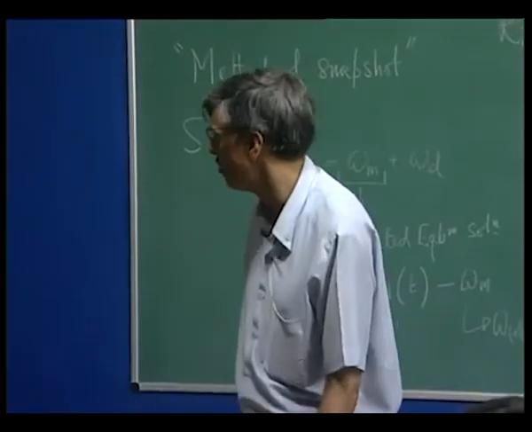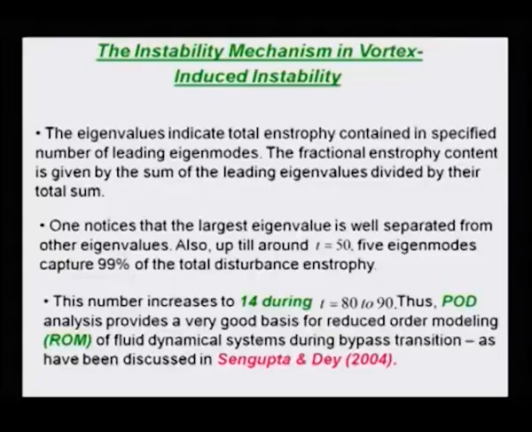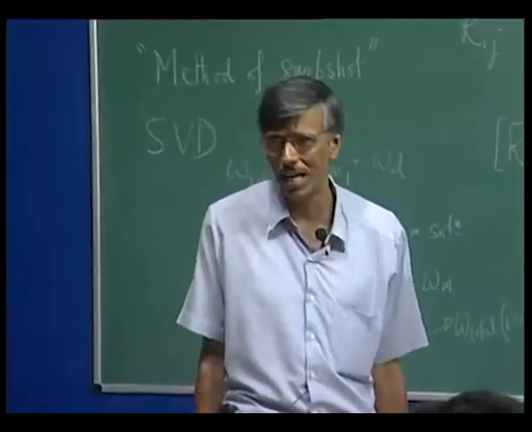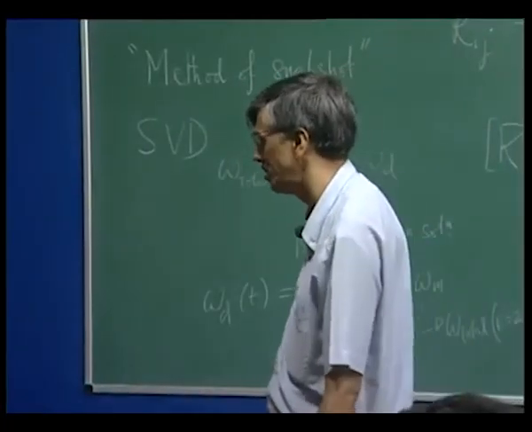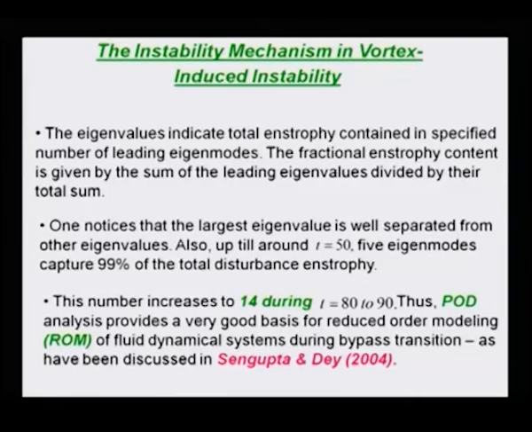One notices that the largest eigenvalue is well separated from the other eigenvalues, and up until about t equal to 50, 5 eigenmodes more or less capture 99% of the total disturbance entropy. The number increases to 14 during t equal to 80 to 90.